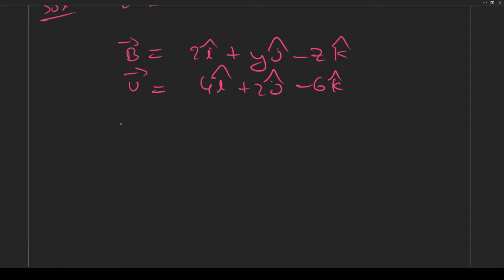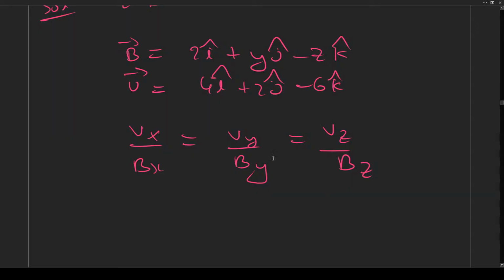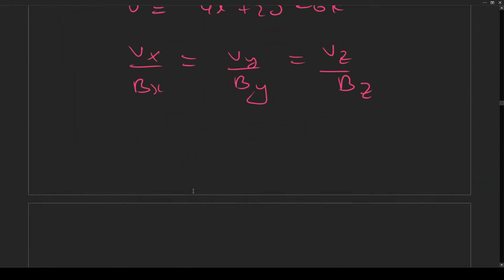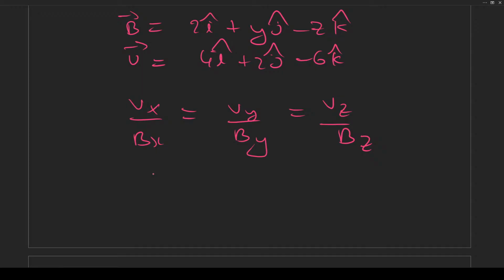Now when we divide both the values, Bx by vx, By by vy, Bz by vz are equal. That means they are either parallel or anti-parallel in direction.